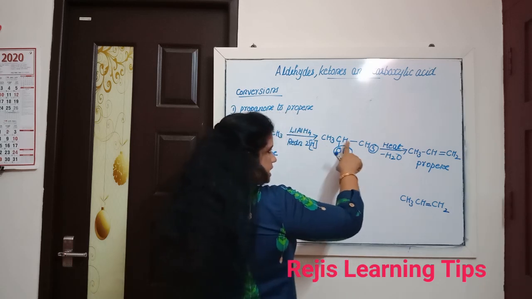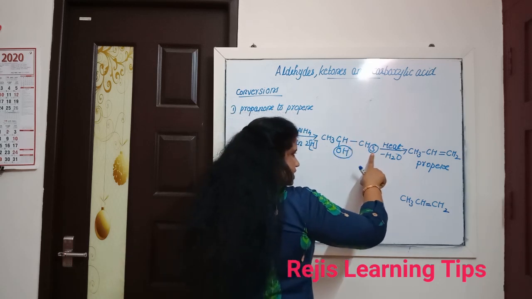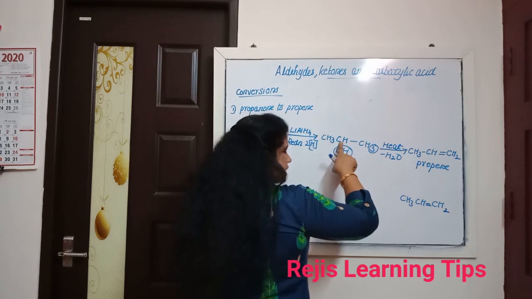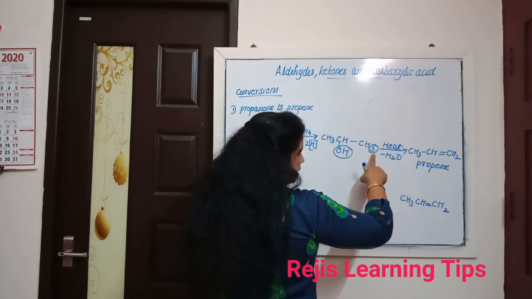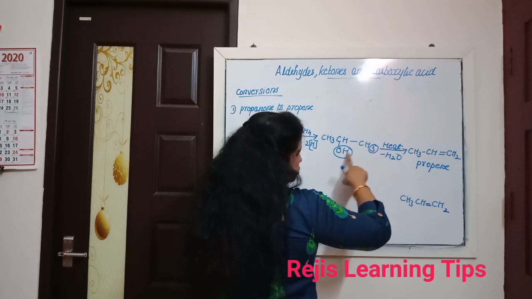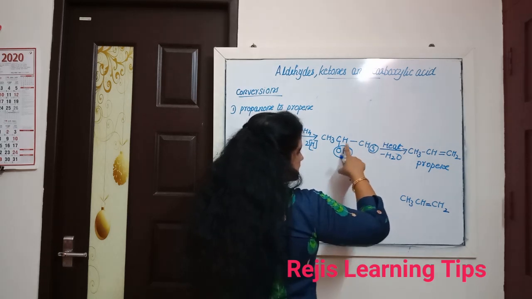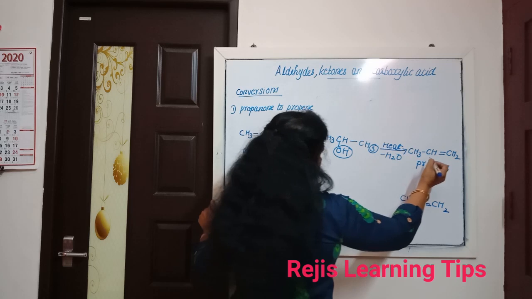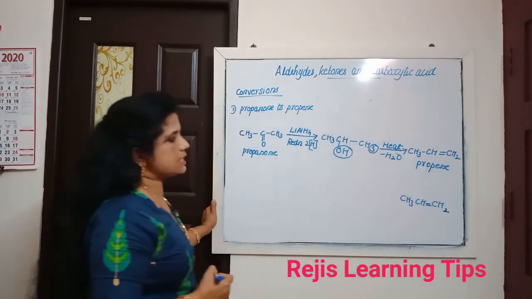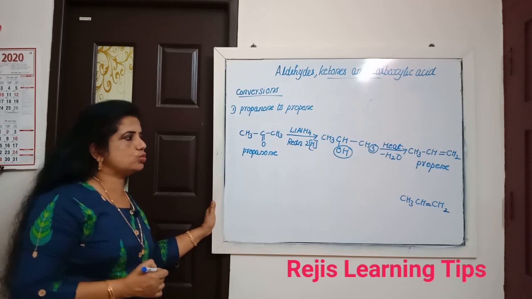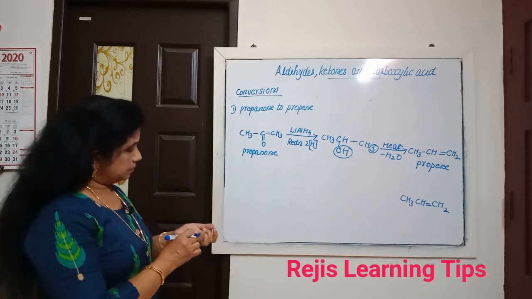So H is removed from the adjacent carbon, then a double bond is placed there. CH3 CH double bond CH2, that is known as propene.